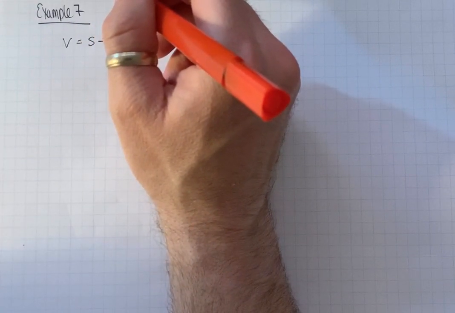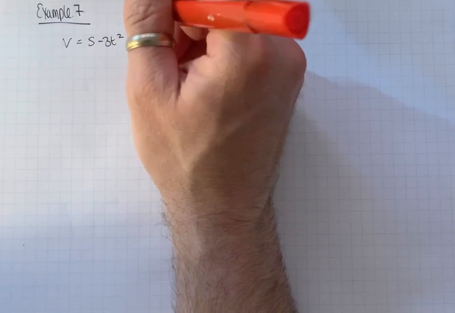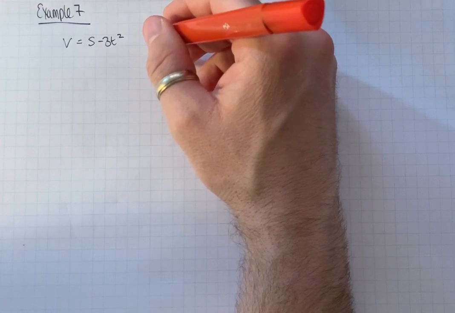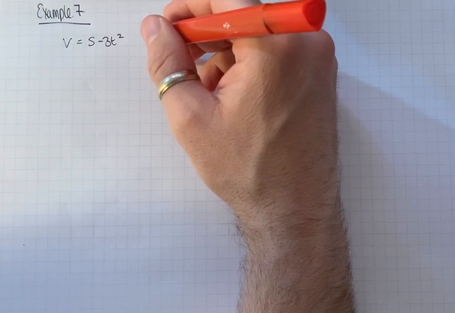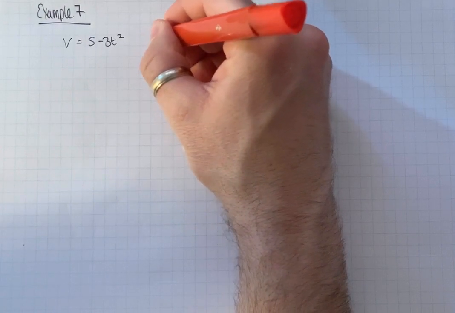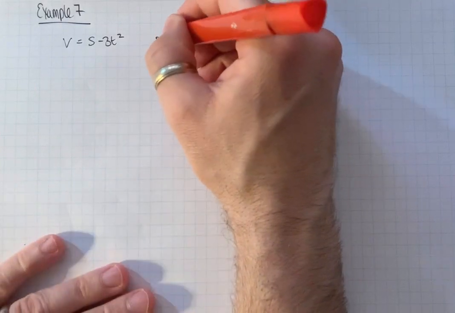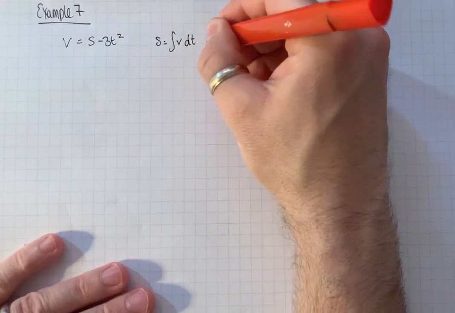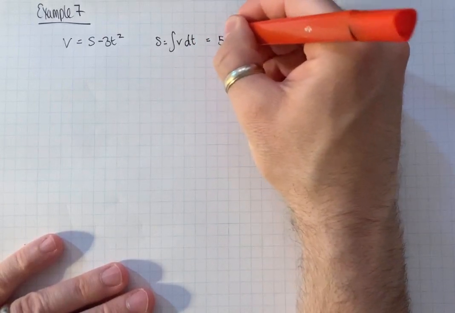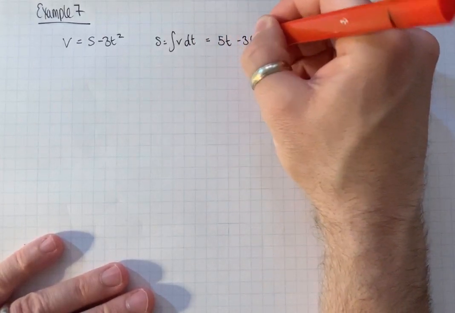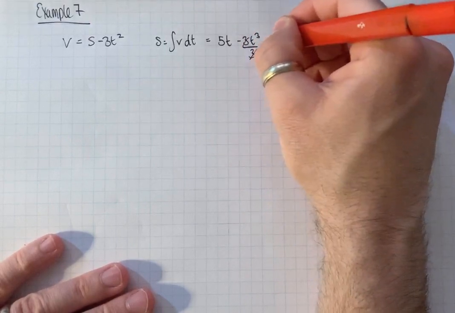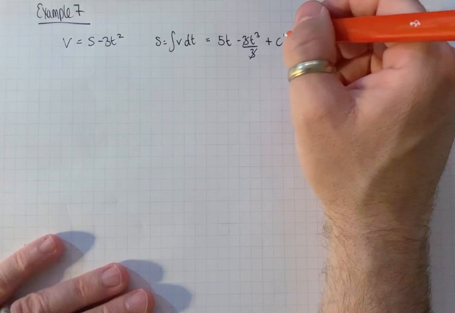Okay, so what we're going to need to do here is first work out an equation for its distance. So that's going to be the velocity integrated. So any number goes to that number times t, and then we raise the power and divide by the new power. So those are going to cancel, plus the constant of integration.